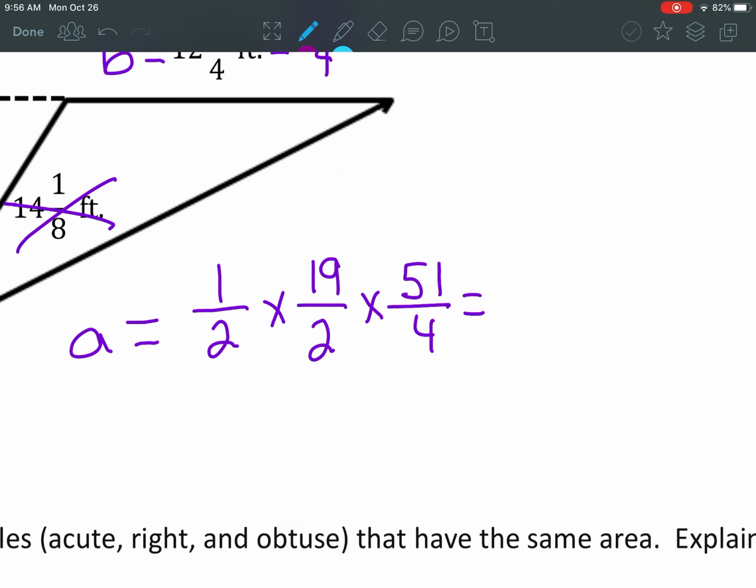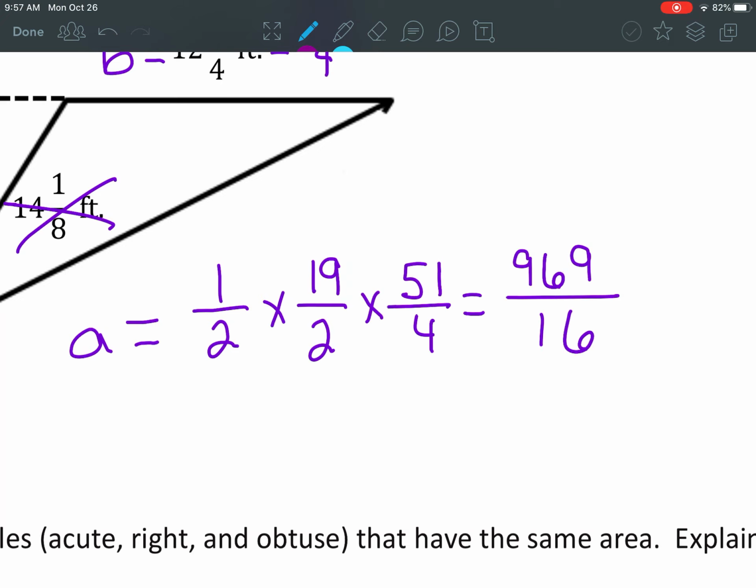Okay, so now I'm going to get out my calculator. Give me 1 second. And we'll do 19 times 51. And that will give us 969. And if I times that by 1, it would still give me 969. And then I would do 2 times 2 is 4, times 4 is 16.